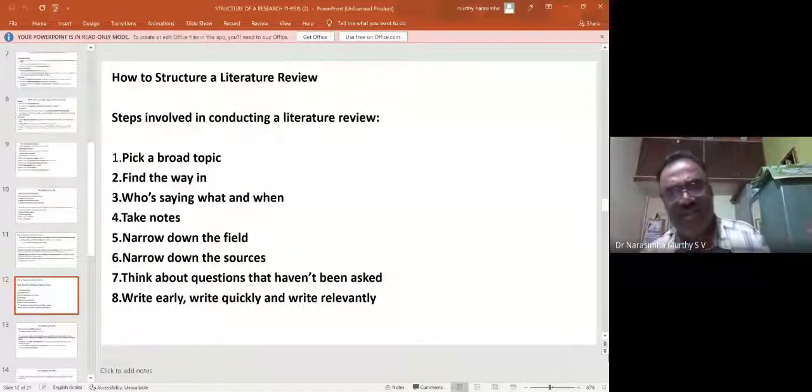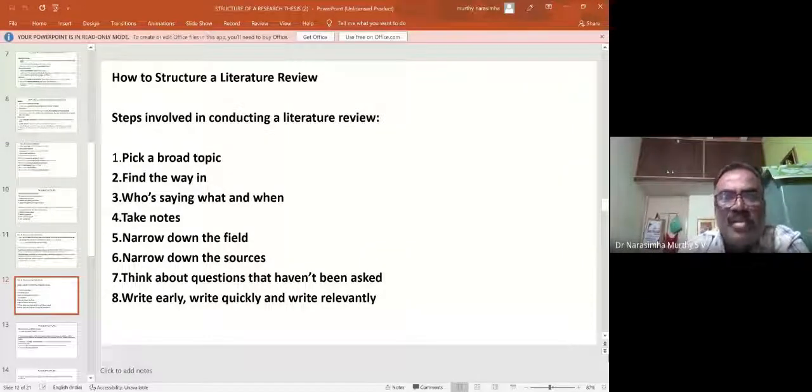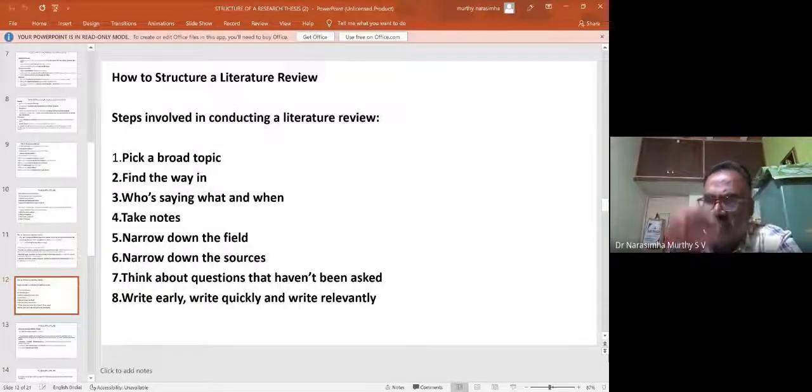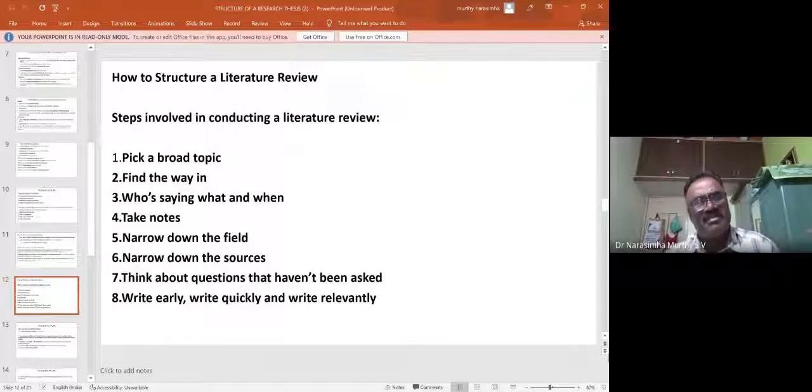Find the way in. Then start thinking, and also find out who is saying what and when. Different perspectives. Take notes. After doing all these things, definitely you have to narrow down the field. From Indian literature, you'll start looking at different concepts, different theoretical frameworks, different research areas of Indian literature, and naturally you'll narrow it down.